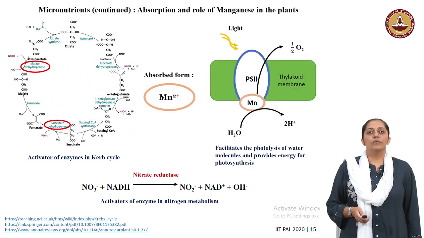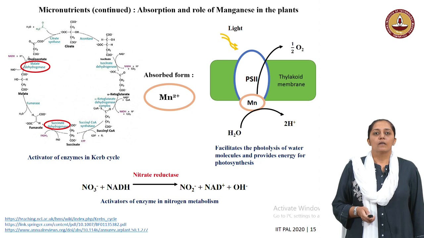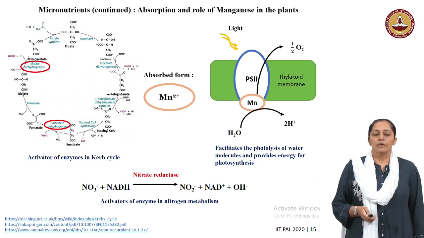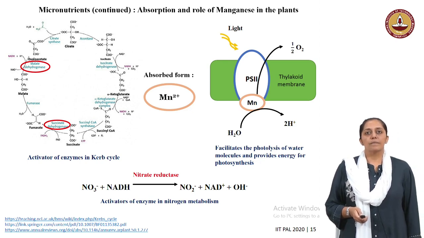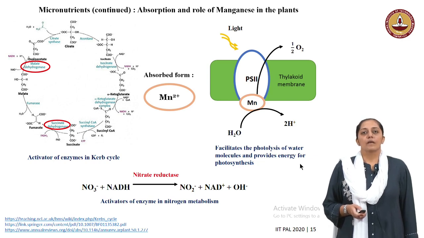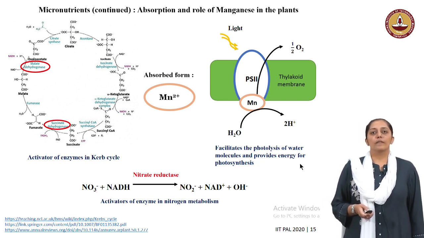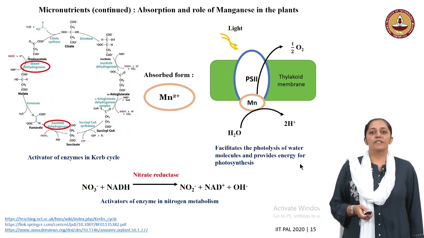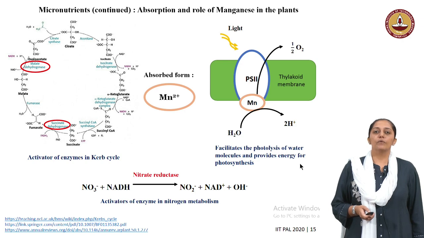It is also included as an activator for nitrogen reductase, which is required during nitrogen metabolism. Manganese is also involved in the light reactions where it facilitates the photolysis of water molecules and provides energy for photosynthesis.